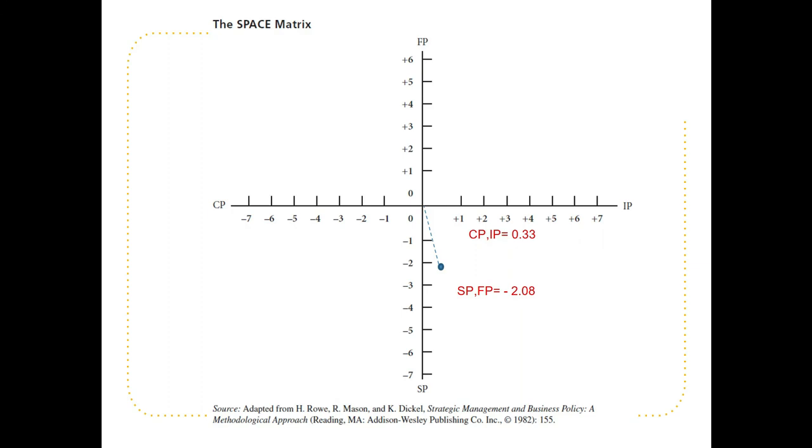Your CP and IP is 3.3. Let's assume that it's here, 3.3. And your SP and FP is negative 2.8. There you go, 2.8. So this is where they intersected.